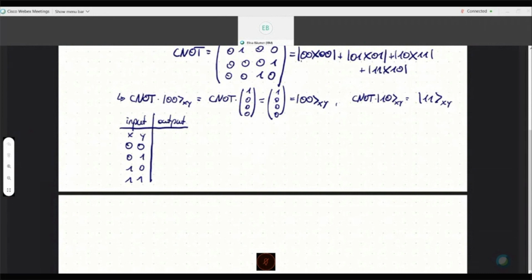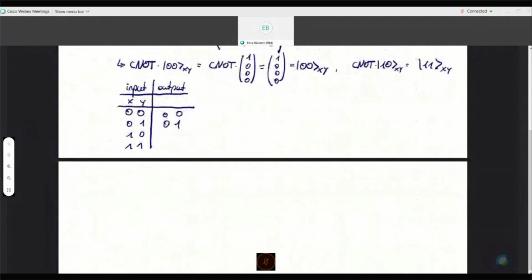This is X, and this is Y. Now the output for 0, 0, as we just saw, is 0, 0. The output for 0, 1, I can tell you it's 0, 1. Doesn't change. For 1, 0, however, we will get 1, 1. And for 1, 1, we will get 1, 0.